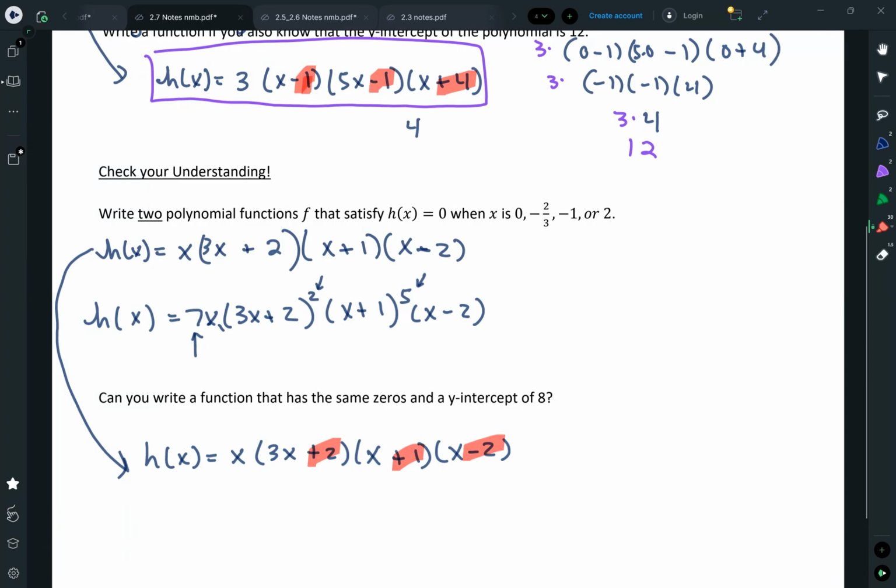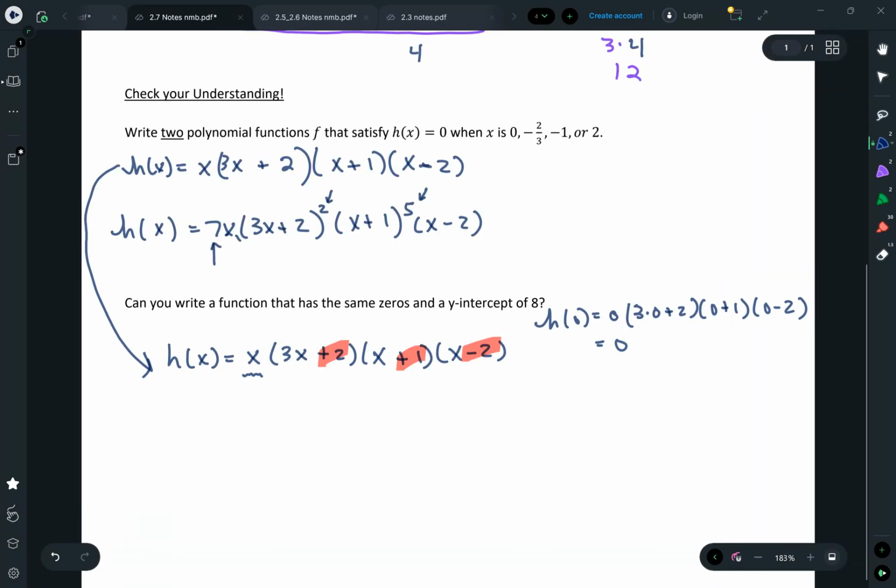Let's look at what happens when we put in a 0 to find our current y-intercept. This x is doing something weird here, right? So if I find h of 0, I get 0 times 3 times 0 plus 2 times 0 plus 1 times 0 minus 2. That's just going to equal 0. It doesn't matter what we multiply this by, because we have an x-intercept of 0, the y-intercept has to be 0 as well.